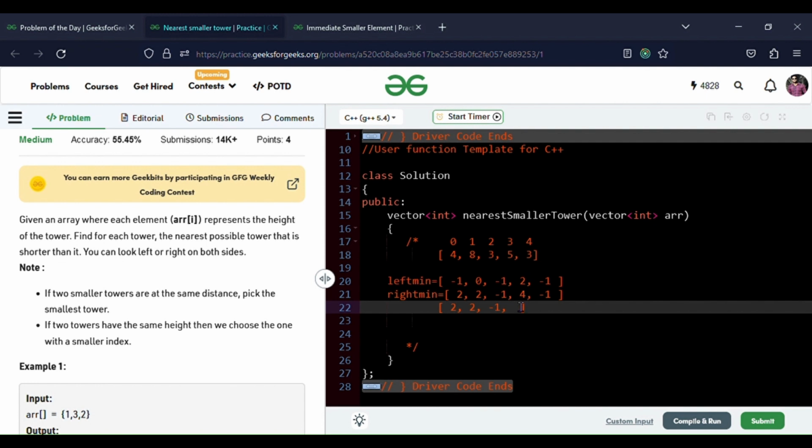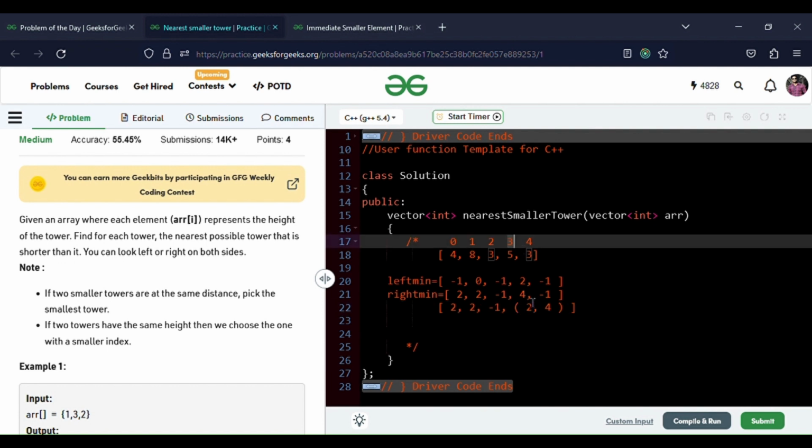For 5 there exists one element on the left side and another element on the right side, and its indexes are 2 and 4 respectively. So now for 5 there is also confusion. What we can do is calculate the distance.